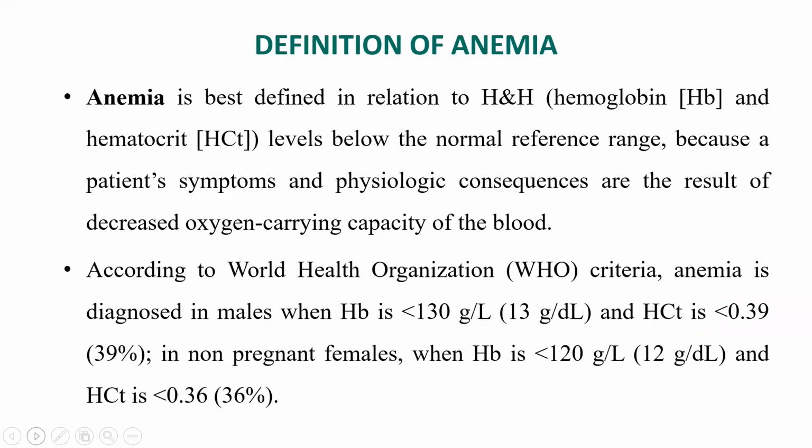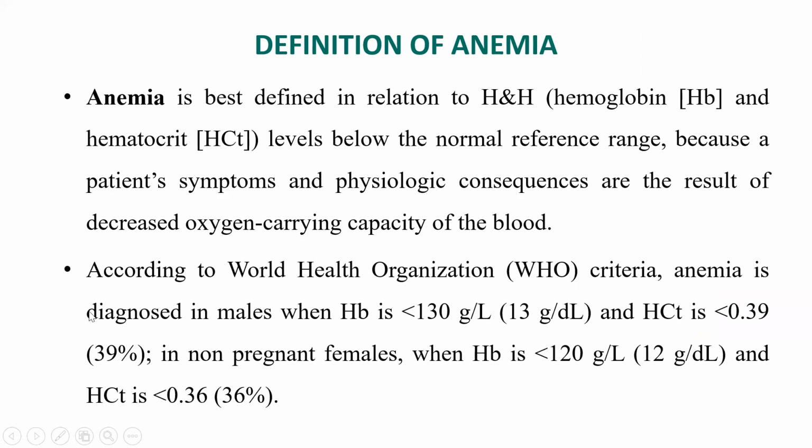So let's start. Anemia is best defined in relation to hemoglobin and hematocrit levels below the normal reference range because of patient's symptoms and physiological consequences as a result of decreased oxygen carrying capacity of the blood.